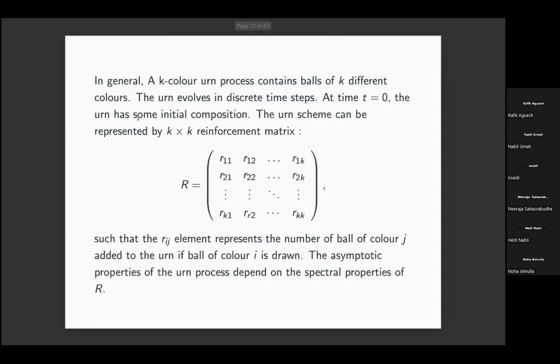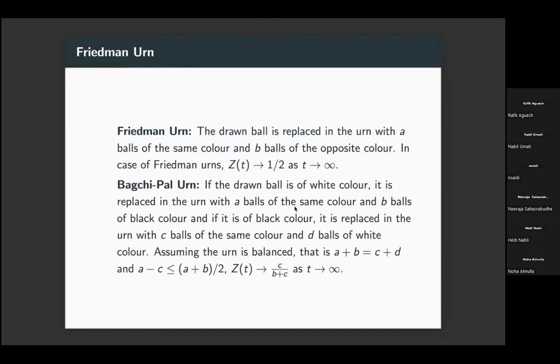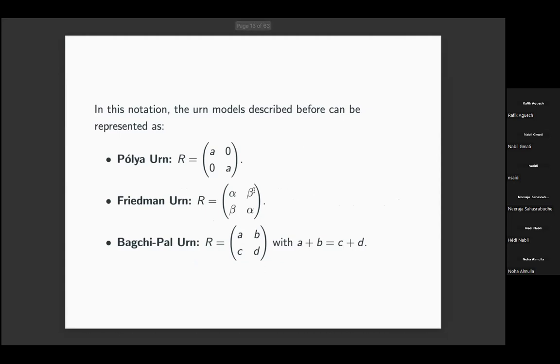So I mentioned here that the urn is balanced. That just means that the row sums are the same. What does it mean to say that the row sums are the same? It just means that you are adding the same total number of balls in each step, right? So if I draw white, I add A many white and B many black, and A plus B is the total number of balls that I'm adding in that step.